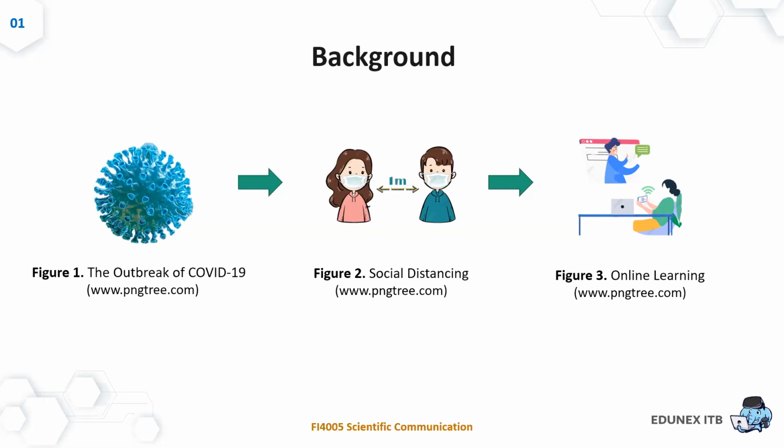The rapid spread of the virus through physical contact forced all countries to implement social distancing and physical distancing to reduce interaction. These actions were taken because the main factor of COVID-19 transmission is through droplets released during talking, coughing, or sneezing. As a result of this policy, many sectors were paralyzed, one of which was the education sector.